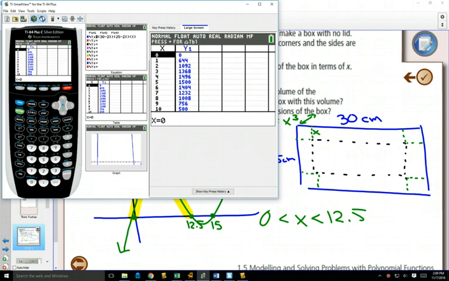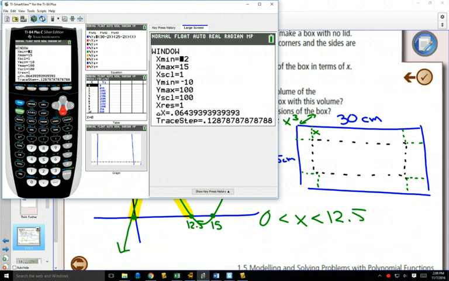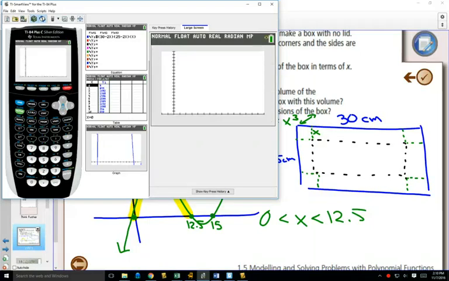So it looks like at 5 it's 1500. I know that the maximum has to be somewhere between 0 and 12.5. So at 1500 at 5, now I can go back to my window. I'm not going to put 1500 because it might still go higher than that. Maybe I'll go up to 2000. And now I should be able to see my maximum in that graph. And sure enough, there it is.